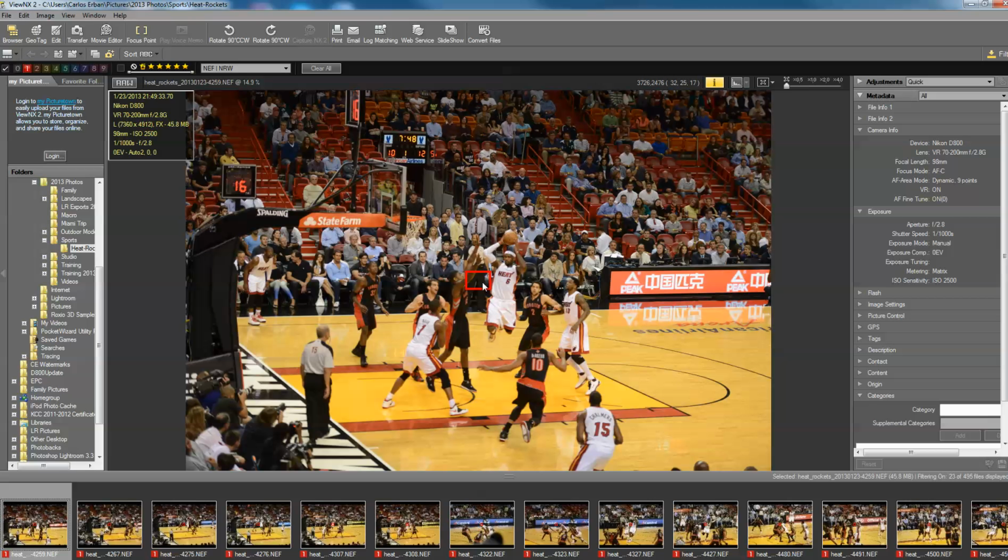When you're looking at your pictures on the LCD and you have that red dot, that's something that you cannot do with Lightroom. The other thing is, you have all the information here that you get with Lightroom too, but I don't remember, for example, if Lightroom tells you which AF area mode you were on. In other words, if you had a shoot that was difficult and you see a lot of your pictures that were out of focus, it may be worthwhile to use this program to evaluate what happened.